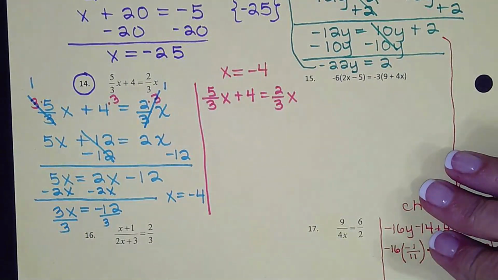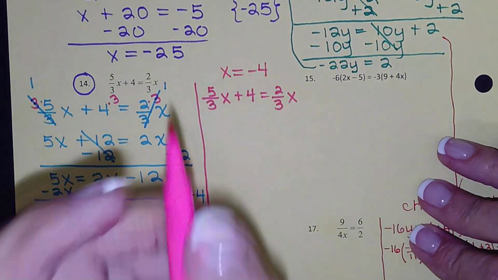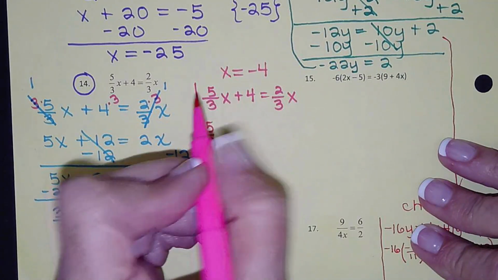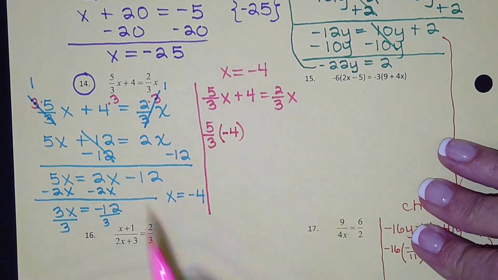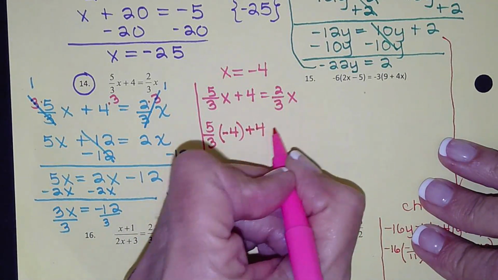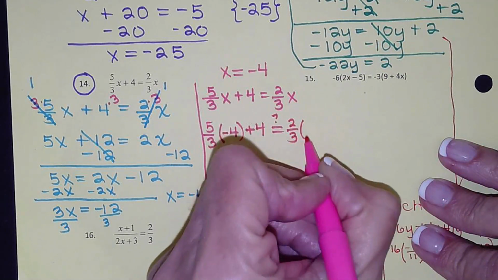So again, we're inputting a negative. So every time you input it, make sure it's in parentheses. So you don't think it's 5/3 minus 4. It's 5/3 times negative 4. That's why the parentheses are needed. Plus 4, is that equal to 2/3 times negative 4?